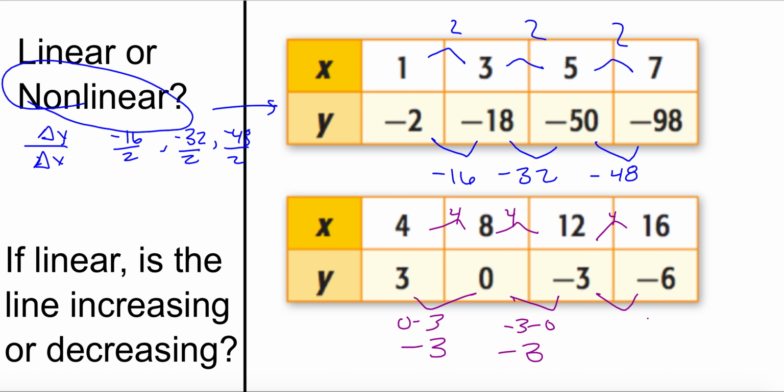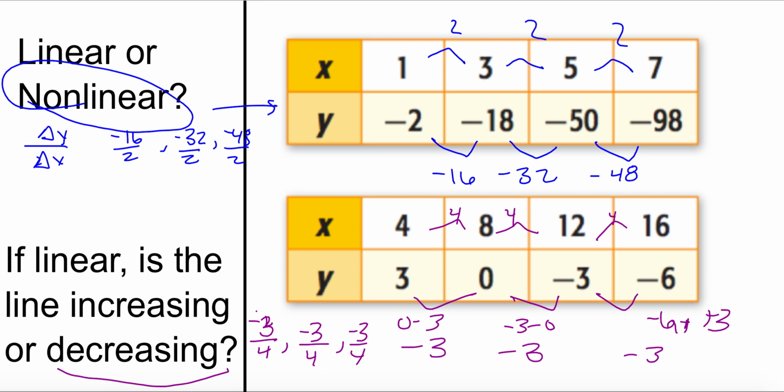And to go from here to here, it's negative 6 minus a negative 3, which is negative 3. So all of these would be exactly the same. My change in y is going to be negative 3 over 4, negative 3 over 4, negative 3 over 4. So this is linear because it is constant. Those are all the same, but it's decreasing because that sign there is negative.